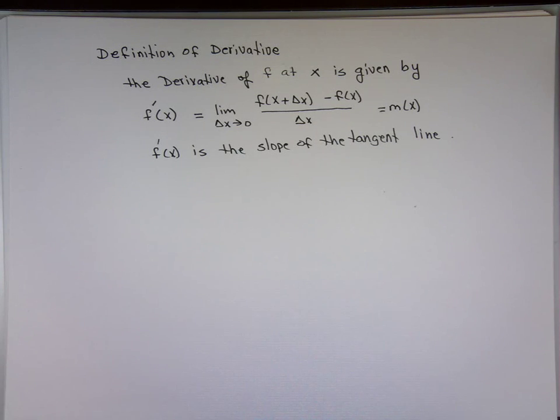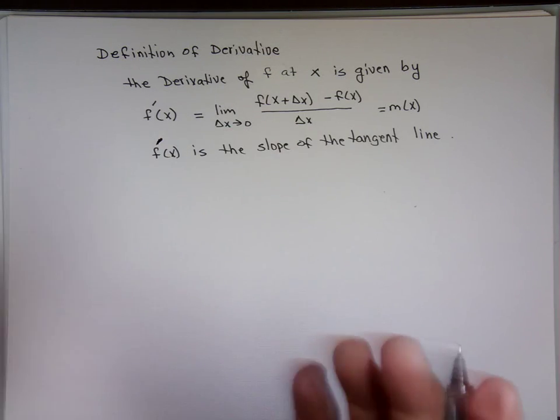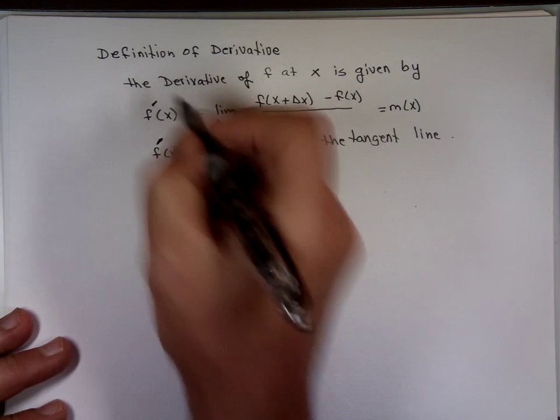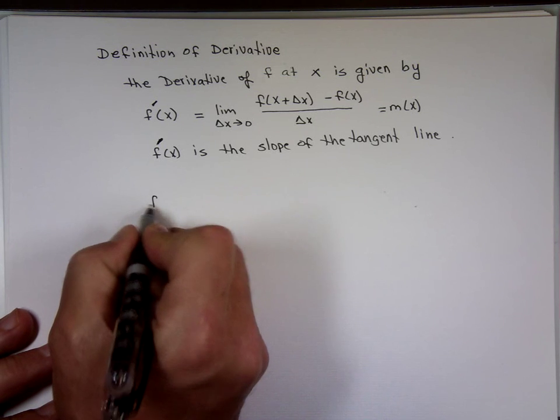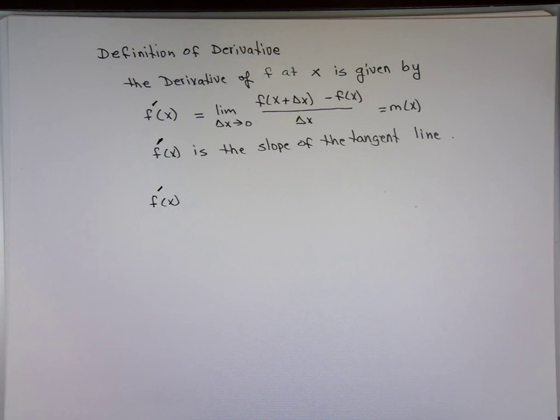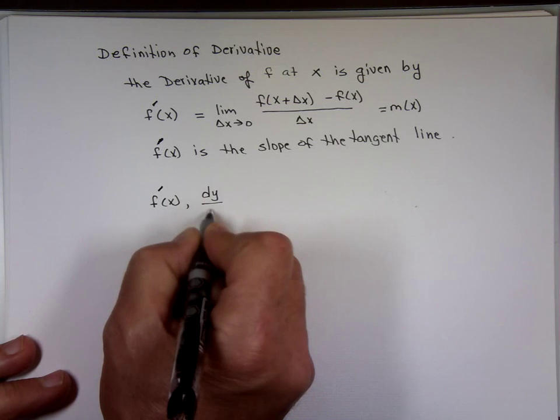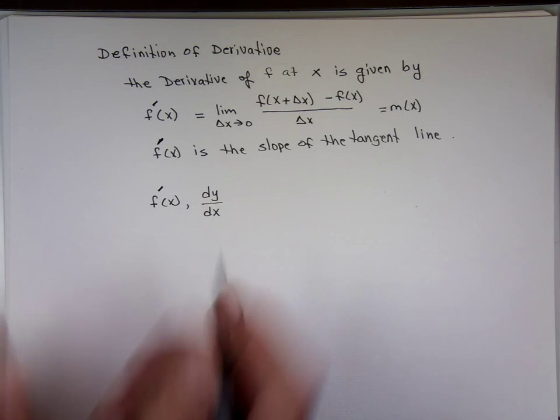Now again, some people use our book, other people use a different book. So we have different notation for the derivative. This is a common one, f prime of x, very popular in almost every calc book. Another one that's very popular in every calc book, they might use this, dy dx. What's the slope?